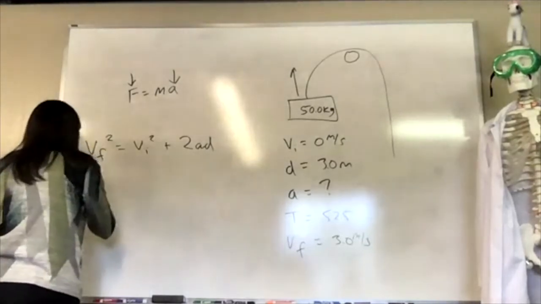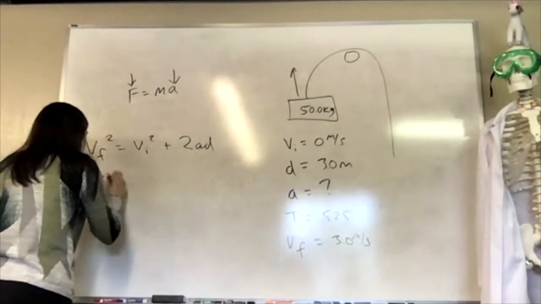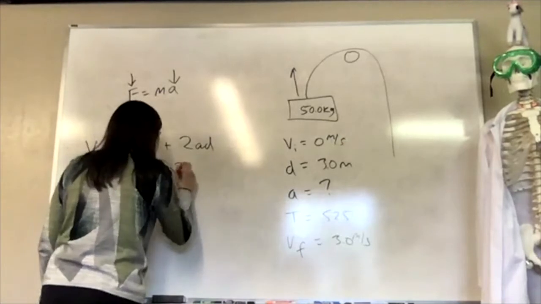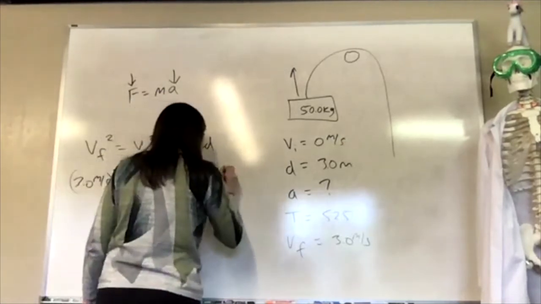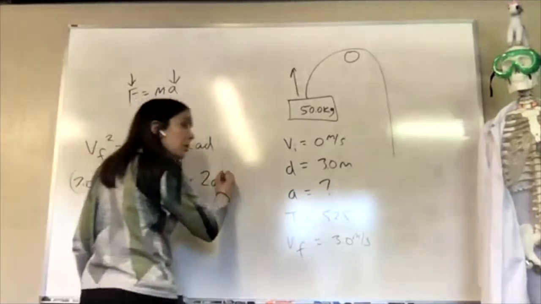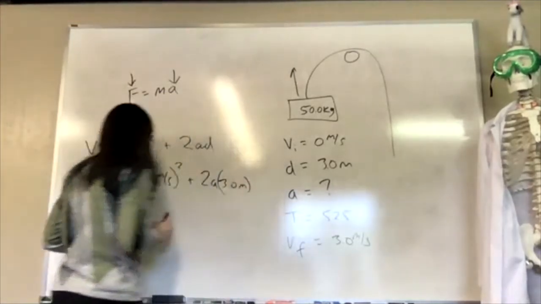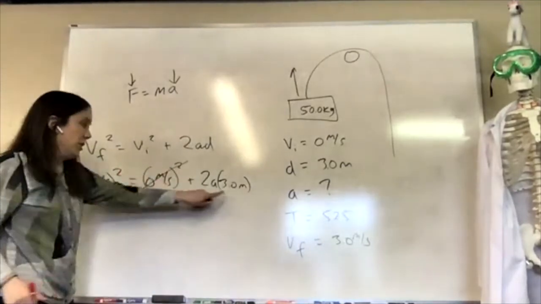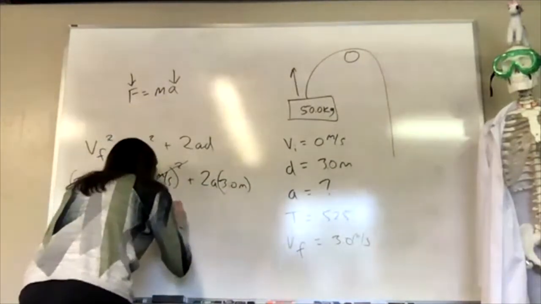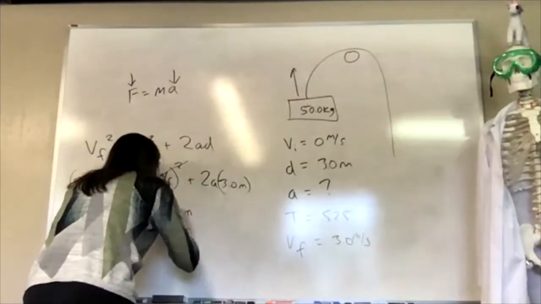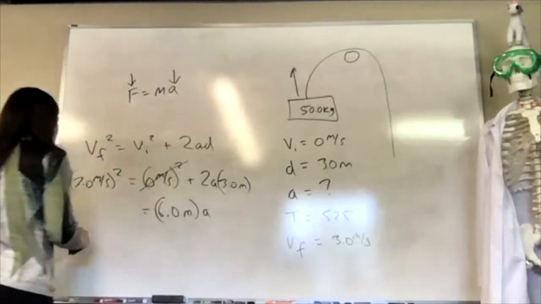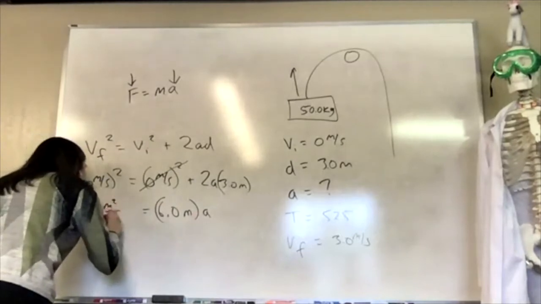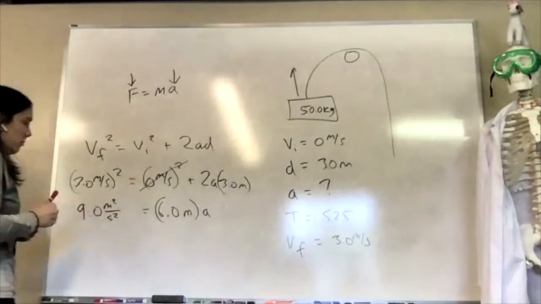Final velocity, 3 meters per second. Initial velocity is 0. Displacement is 3. And now we can solve for a. We can get rid of the initial velocity term, that's just 0. 2 times 3 gets 6 times a. And 3 squared is 9.